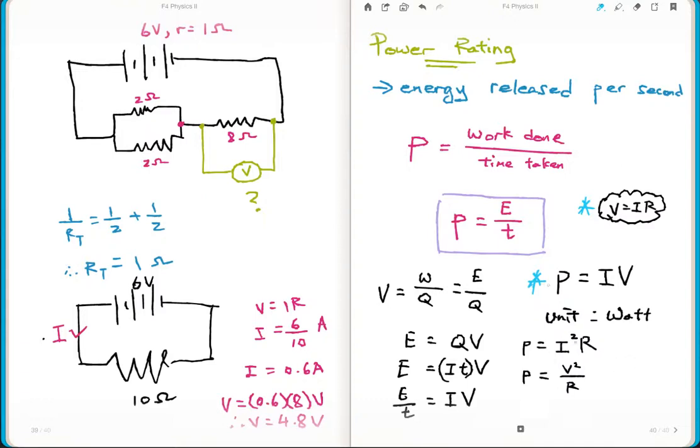P equals I squared R is for when you don't know what is V. P equals V squared over R is for when you have no idea what is current. But where does it come from? These two equations come from here and here. And where does V come from? V comes from here.